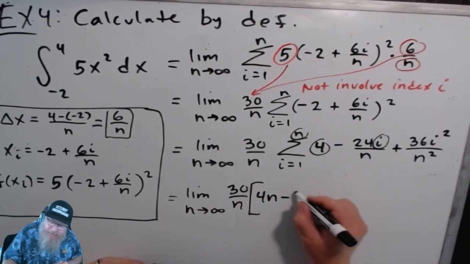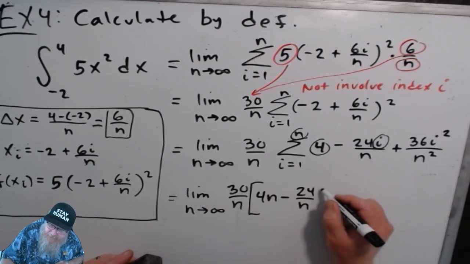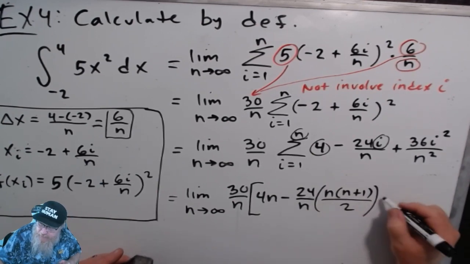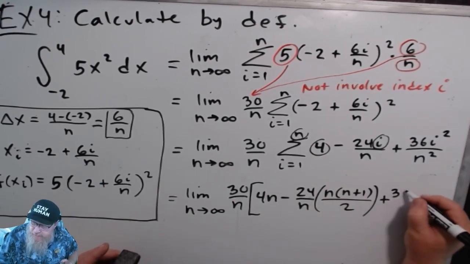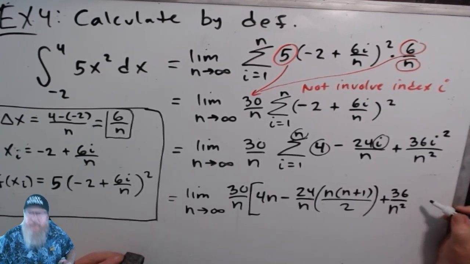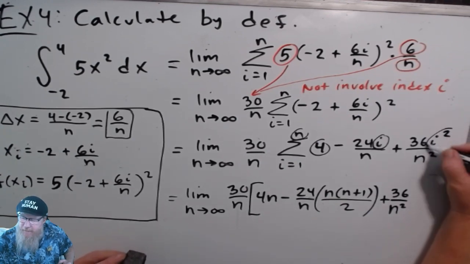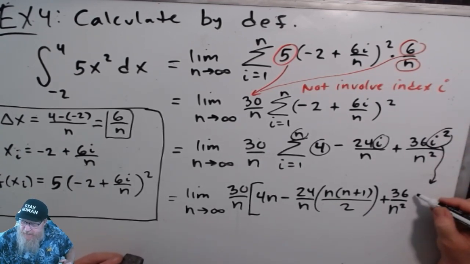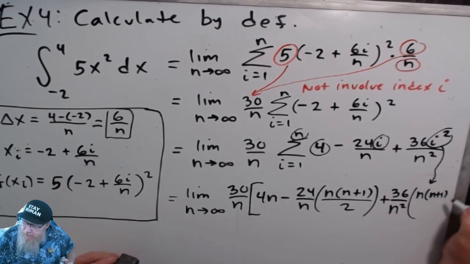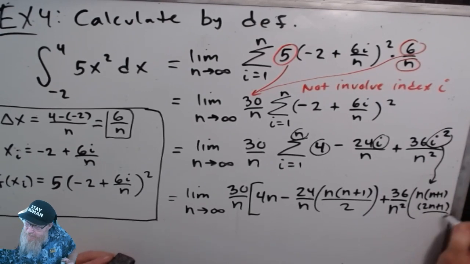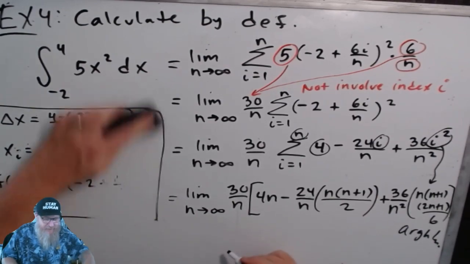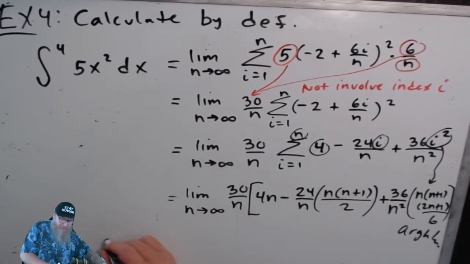Just a quick rewrite here. 24 over n times n plus 1 over 2. And then plus, I don't know if that helped, 36 over n squared. That didn't really help. And then the sum of i squared. Oh, God, I don't have room for it. n plus 1, 2n plus 1 over 6. Arg. So I'm going to have to steal some of this over here.